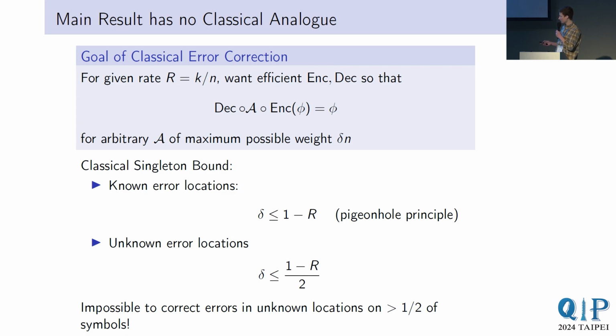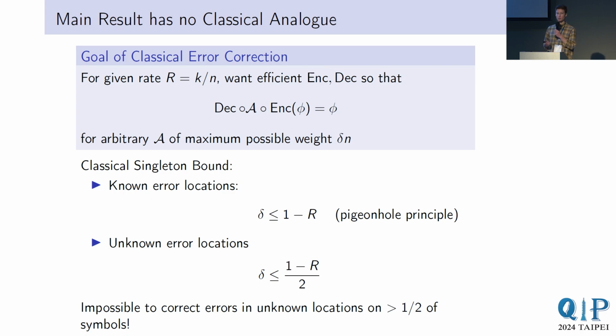Essentially, because the classical singleton bound for low rates approaches 1, if we want to meet this bound for unknown error locations, we need to be able to correct errors acting on almost all of the code word symbols.